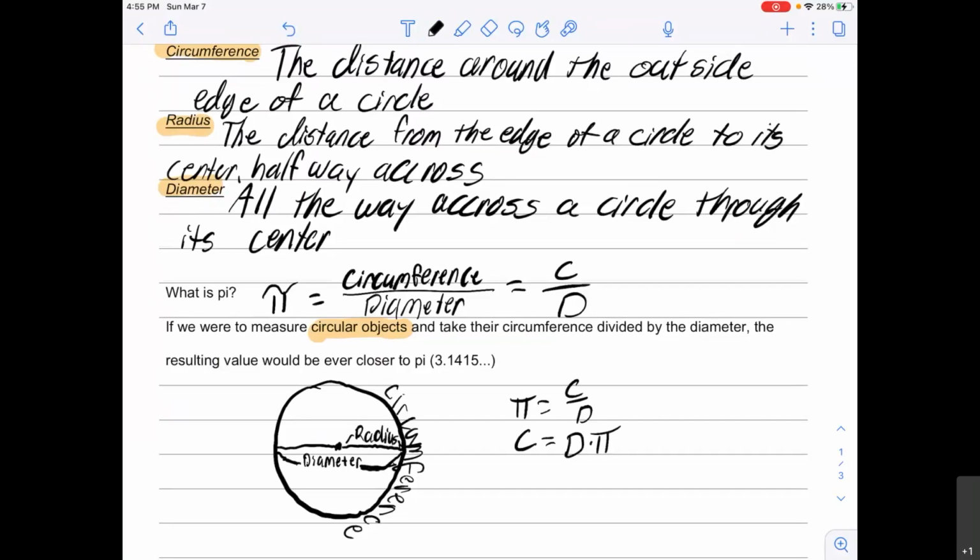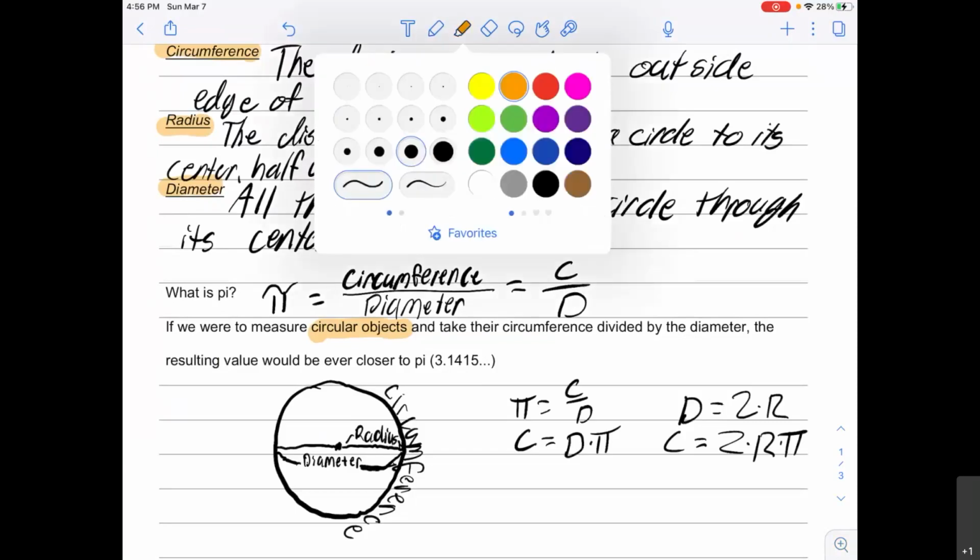And since the diameter is just two of the radius, well, that means that the circumference is also 2 of the radius times pi. So these 4 formulas are what we're going to be using.